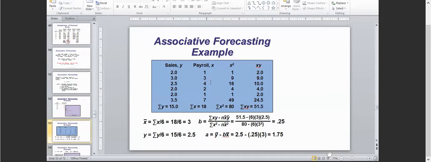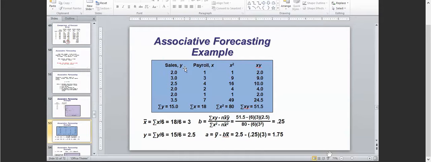So we try to predict how the payroll, as an independent variable x, impacts the dependent variable y. To what extent will x impact y? So in this associative forecasting example, we're using a linear regression analysis.